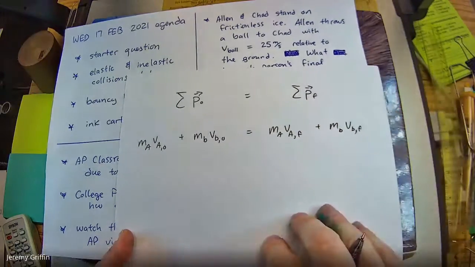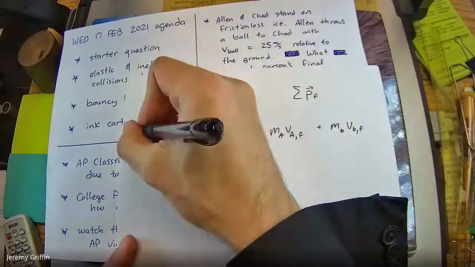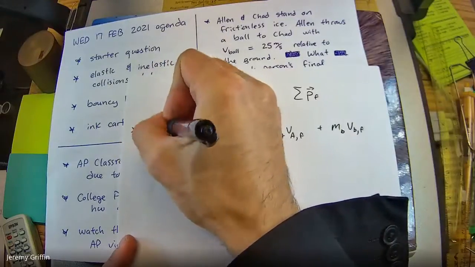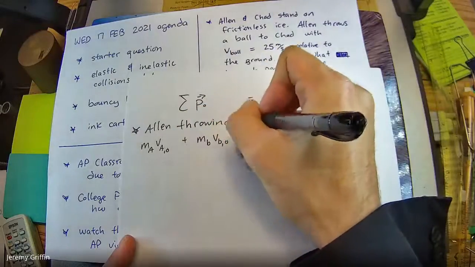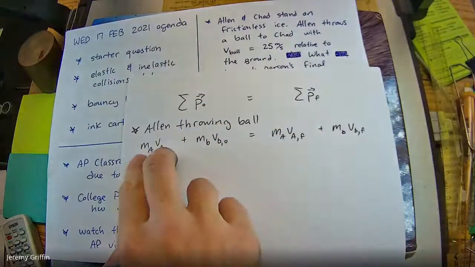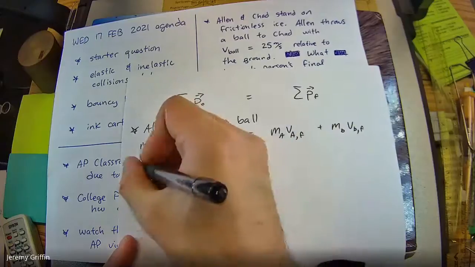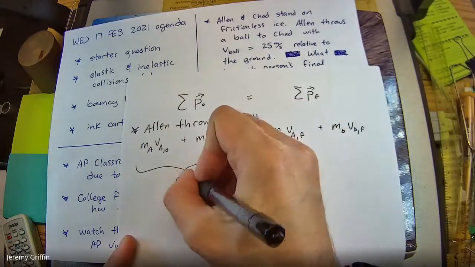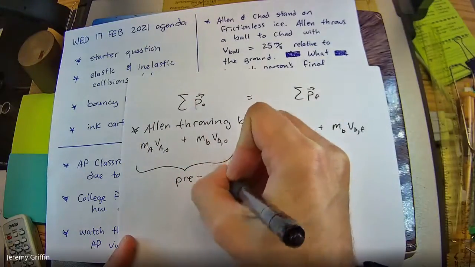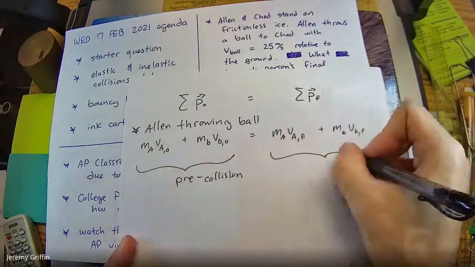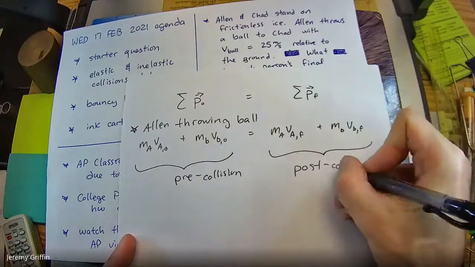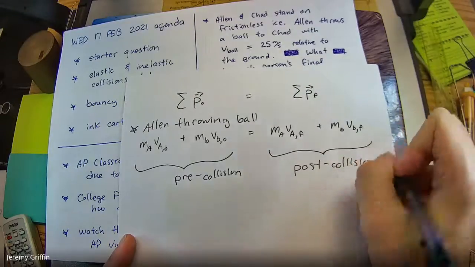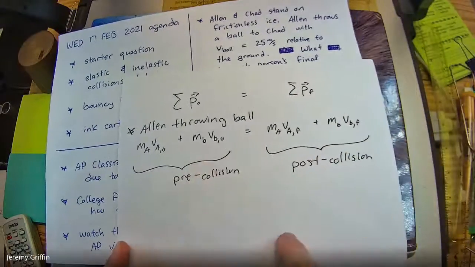This would be for Alan throwing the ball. Now it's a really general setup. All of the momentum bits before the collision, pre-collision, have to equate with all the momentum bits added up post-collision. That's conservation of momentum.